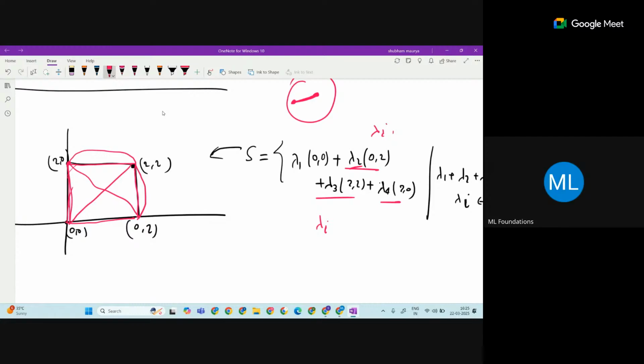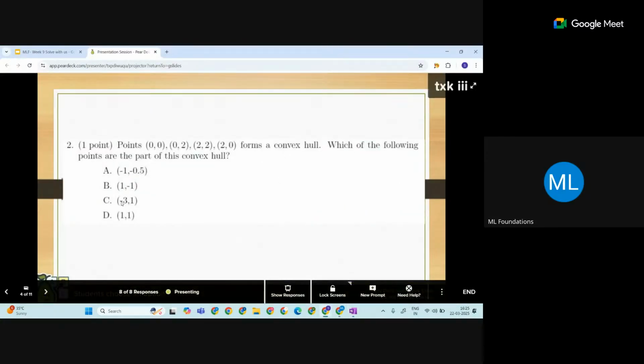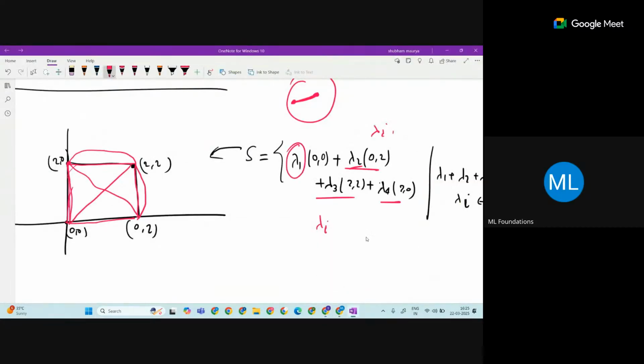And the second reason is simple. If you want to eliminate options, here the entries are minus, minus, minus. But all the lambdas are positive because they are between 0 and 1, and here the entries are always positive. So how could any point be negative?